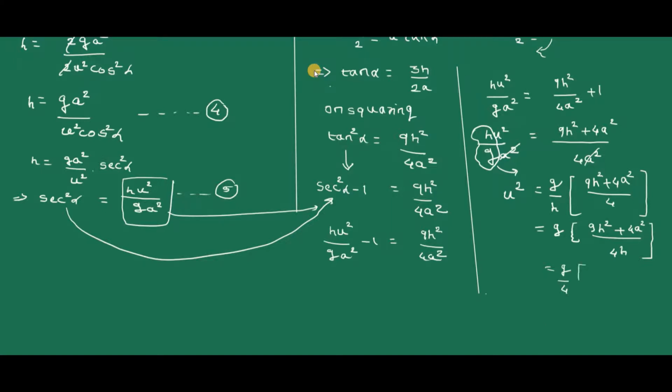I will write outside, and now 9h square divided by h, you will get 9h plus 4a square divided by h, which is the required solution.